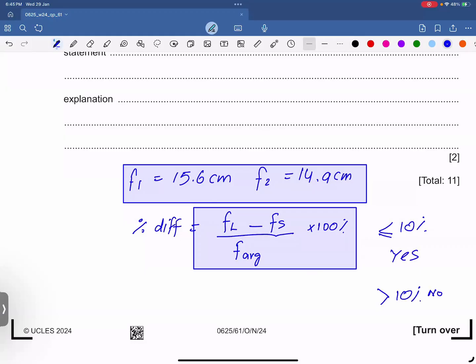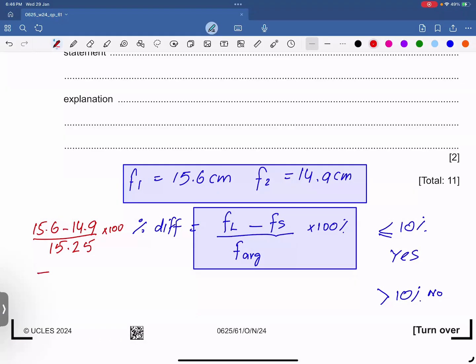Let's check. 15.6 minus 14.9 over their mean. Their mean is 15.25. So I'm calculating 15.6 minus 14.9 divided by their mean times 100.